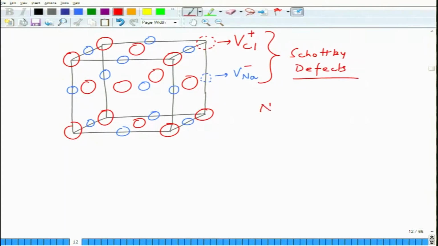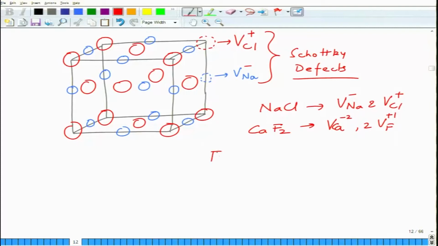So, in case of sodium chloride, it would be VNa and VCl. In case of calcium fluoride, it would be VCa minus 2 and 2VF plus 1.